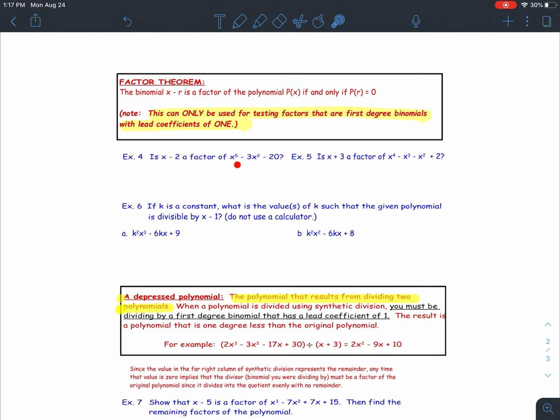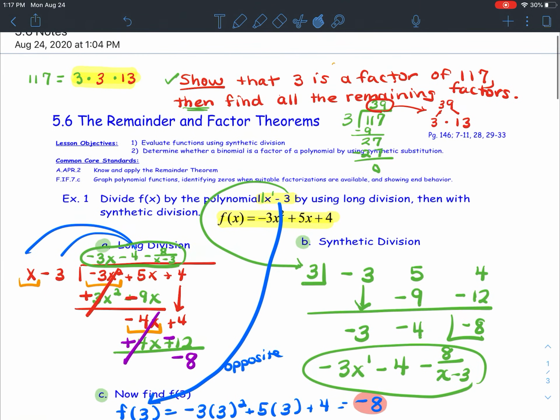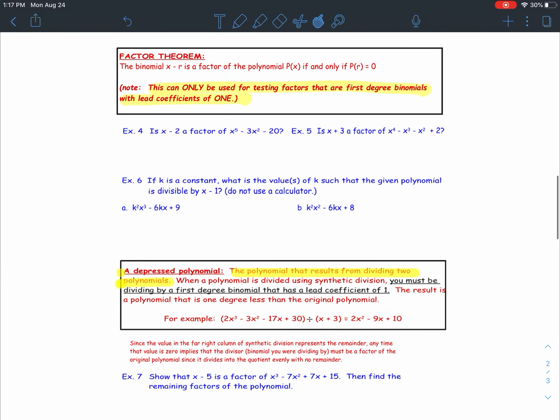Okay, here's the question. Is x minus 2 a factor of x to the 5th minus 3x squared minus 20? Now remember the question I posed at the very beginning of this video. Show that 3 is a factor of 117 and then find all the remaining factors. Okay, we showed that 3 was indeed a factor of 117 by dividing 3 in there and showing that there was a remainder of 0.